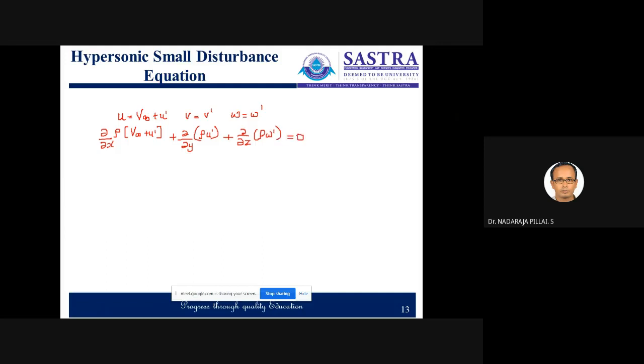So this equation is a steady Euler equation in terms of the perturbation velocity.